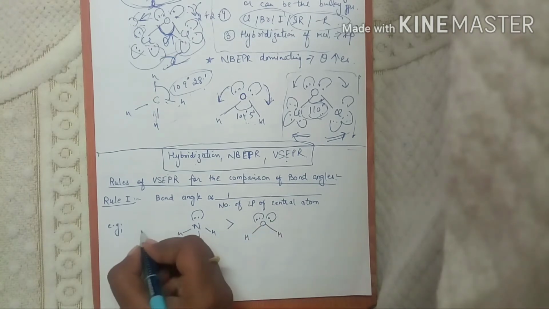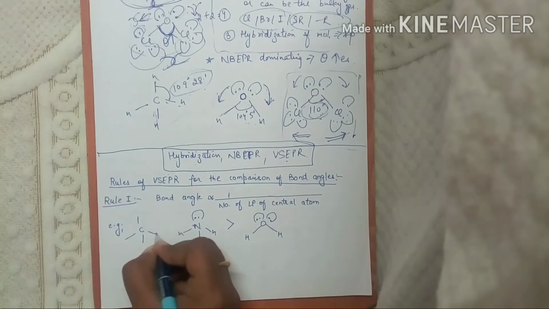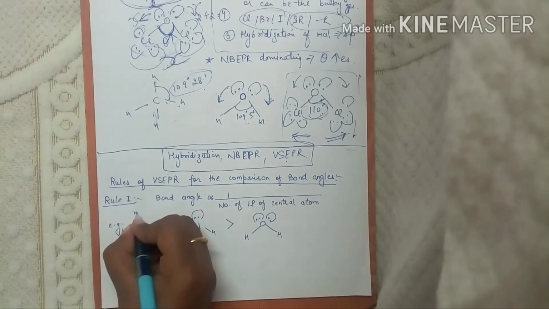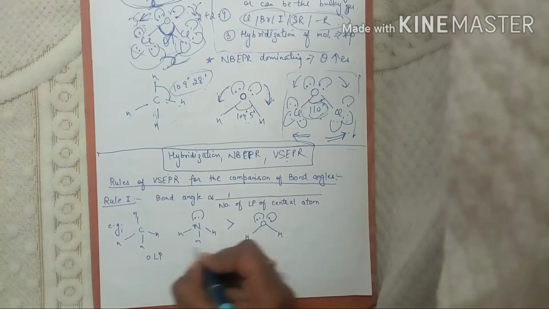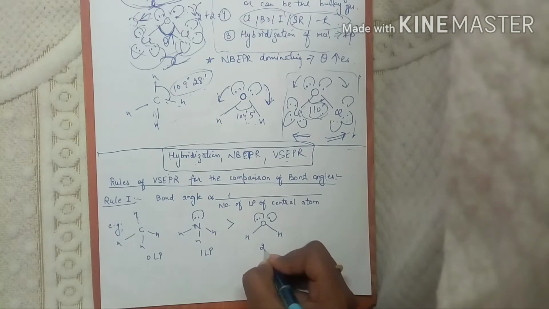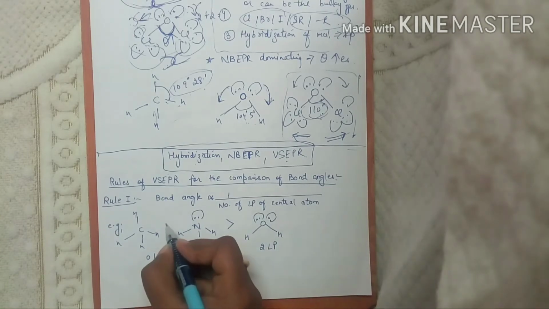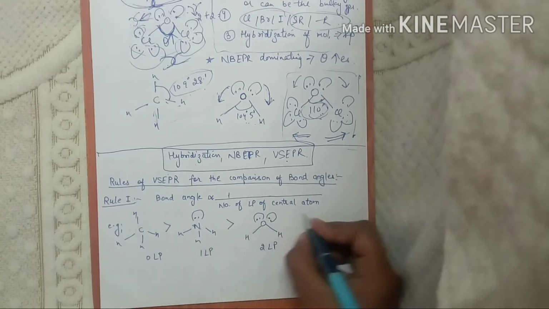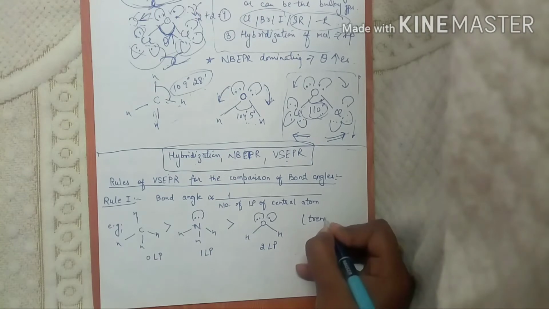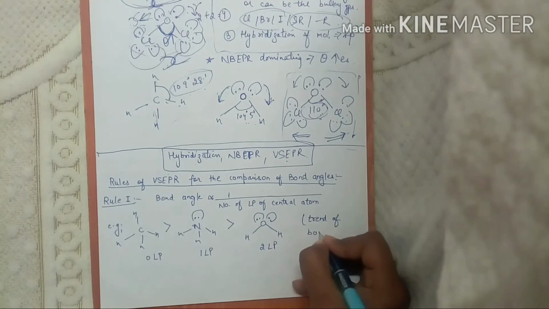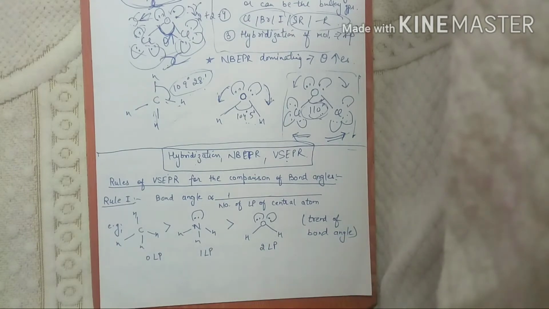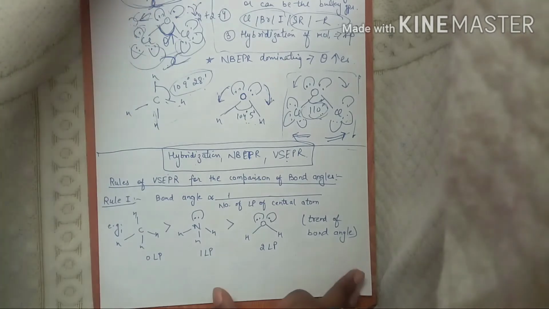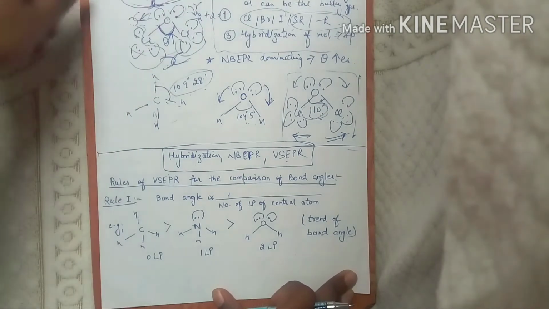Similarly, I can compare this with CH4 also. It is not having any lone pair, zero lone pairs, this is having one lone pair, and this is having two lone pairs. So the trend of bond angle will be like this. I hope rule 1 is clear, but there are some conditions for rule 1 to be applied.